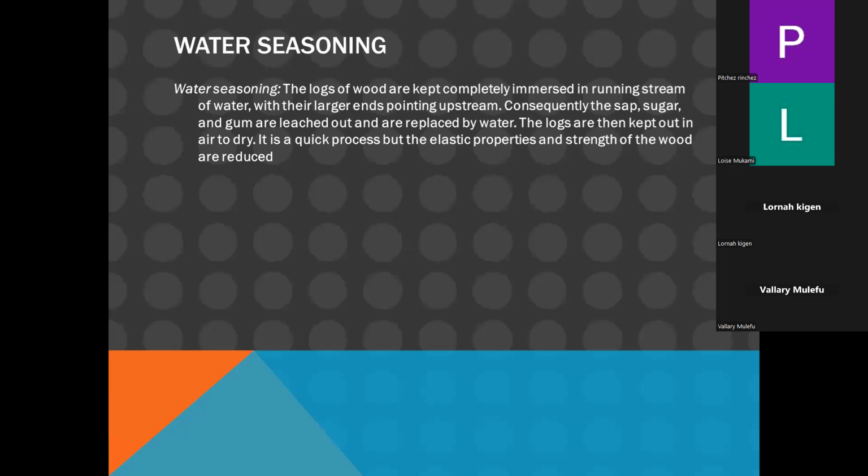In water seasoning, we immerse the timber in a stream of running water so that we can remove the gum, the sap, so that water can be reduced in the timber. After doing this, we put the logs out in a clear environment so that the timber can be dried.